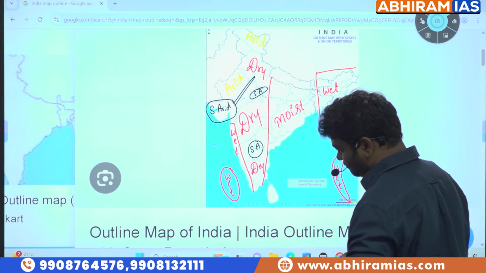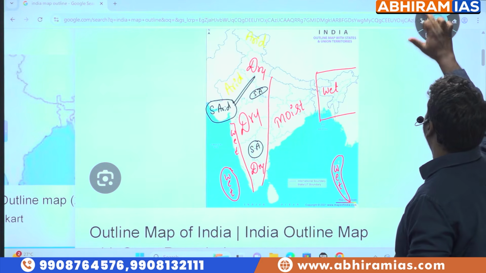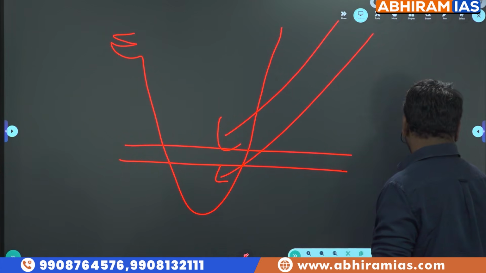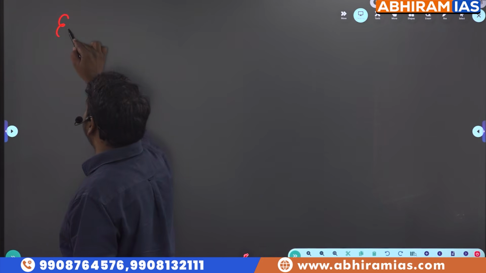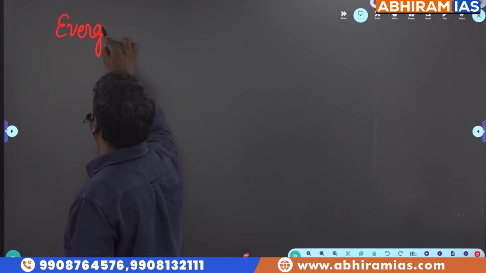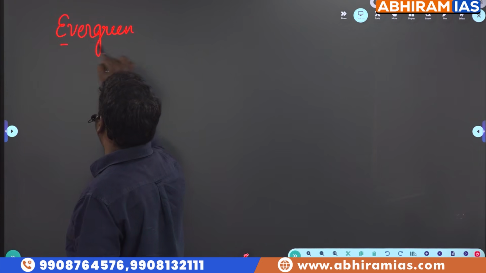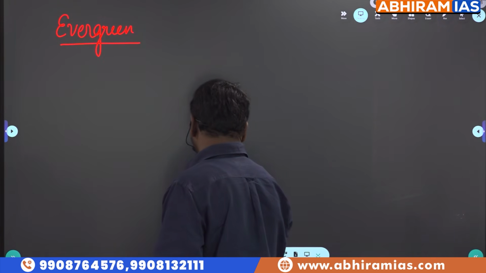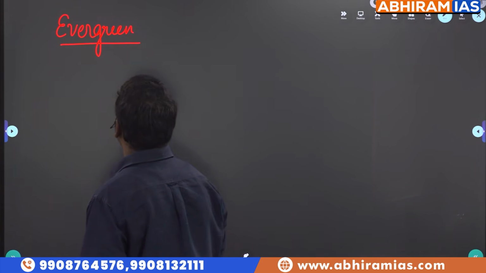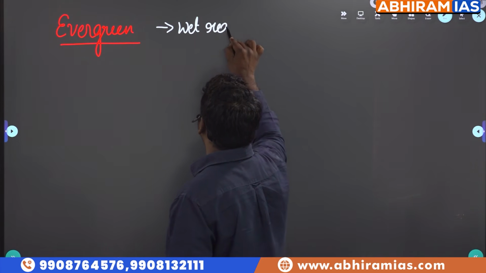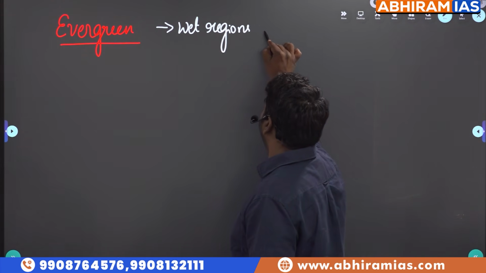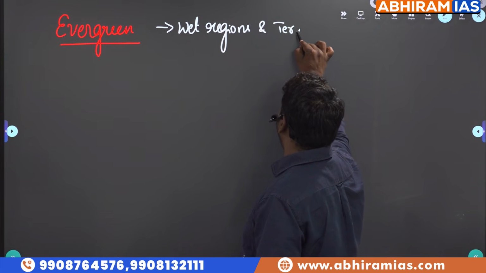Vegetation. First one, evergreen forest: wet regions, and Terai region.